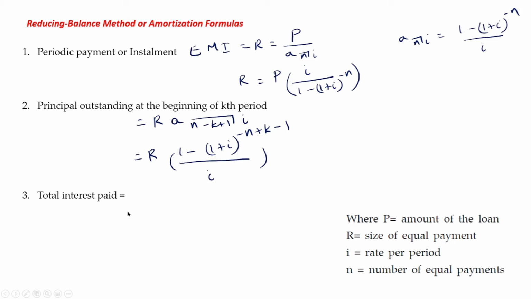Next we have the total interest paid. Here P is the amount of loan, N is the number of equal installments and R is the size of each EMI.